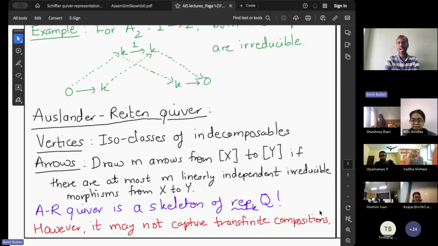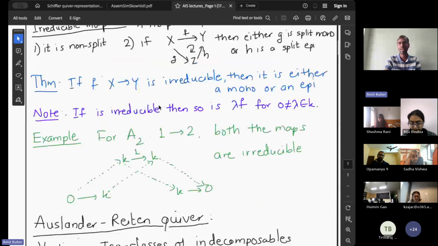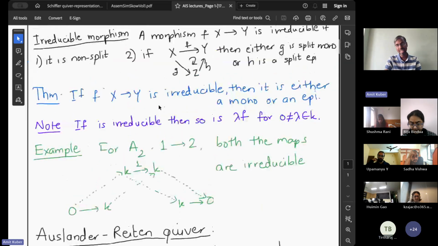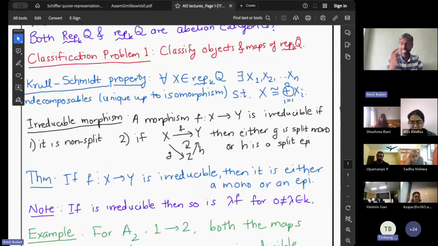I don't know any two-category of quivers, but I'm talking about the category of representations. This is our main category, Rep KQ. And I'm saying a certain morphism in that category is irreducible or not. Whether some author uses the word simple or not, I don't know.